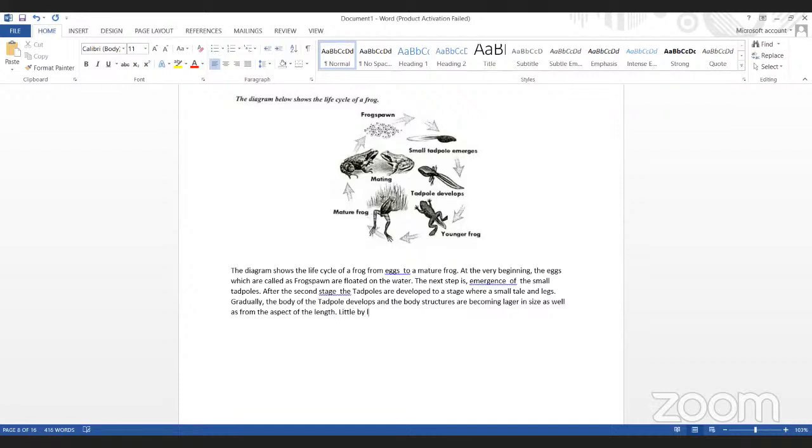Little by little, the tadpole, right, the tadpole develops to a younger frog, right?